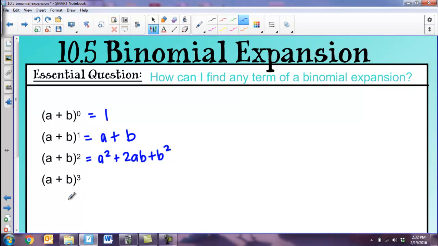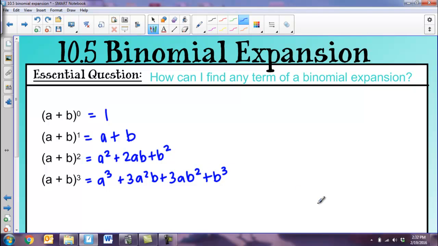And then we also have a formula for a plus b cubed, or you could FOIL that out again and you would get a cubed plus 3a squared b plus 3ab squared, and finally plus b cubed.